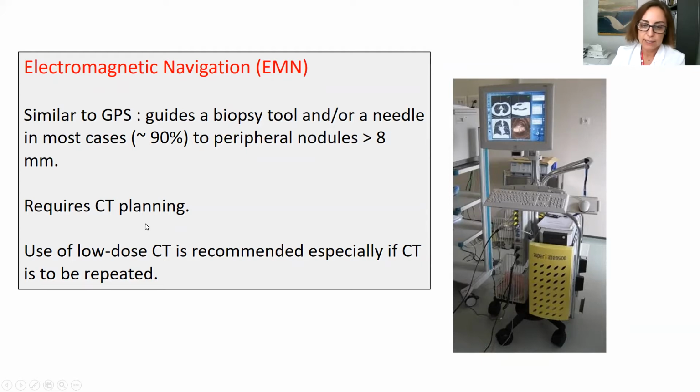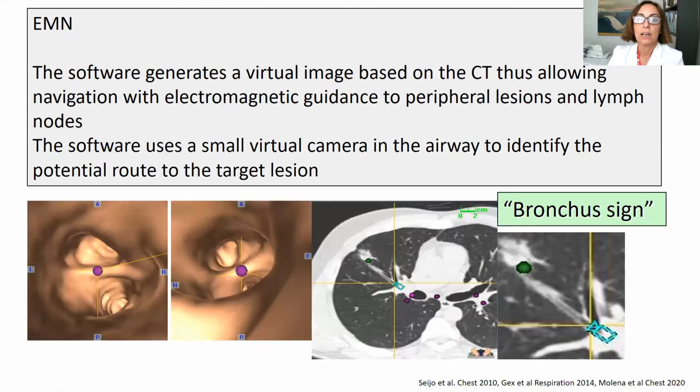It requires CT planning and it is recommended to use low-dose CT, especially if the CT has to be repeated. With this technique, the software generates a virtual image based on the CT, and then it allows navigation with electromagnetic guidance to peripheral lesions and even lymph nodes.